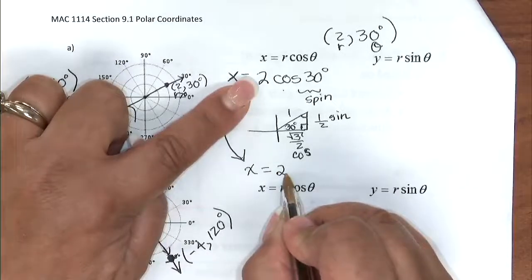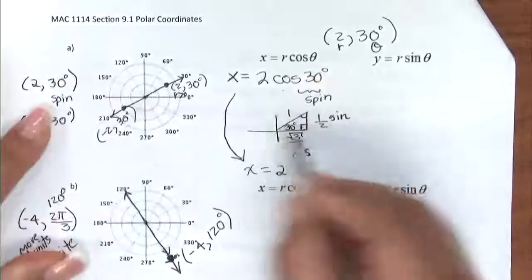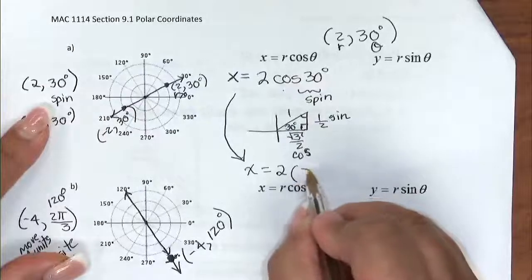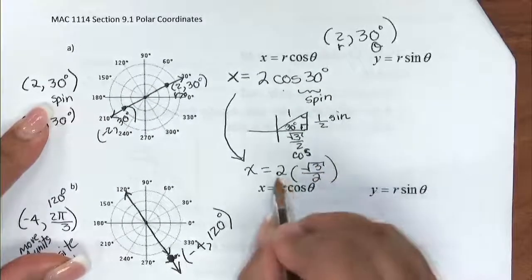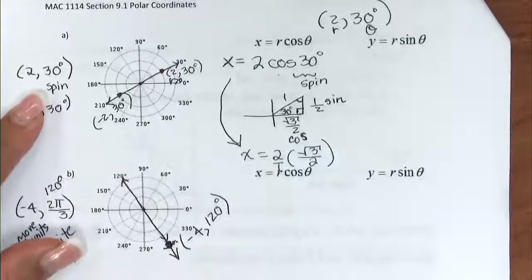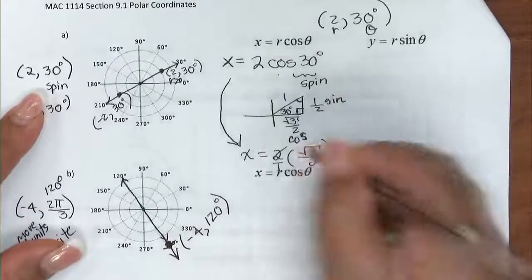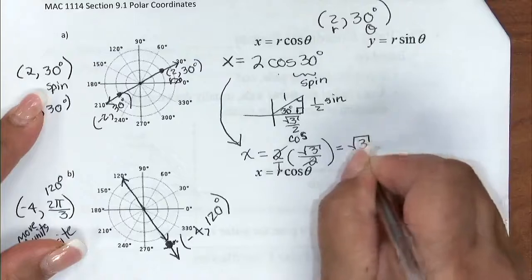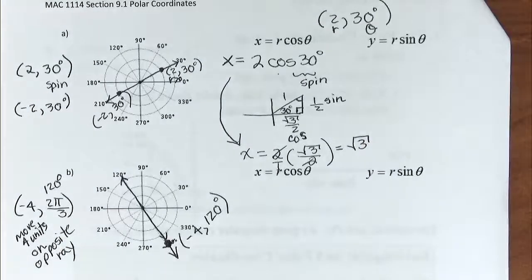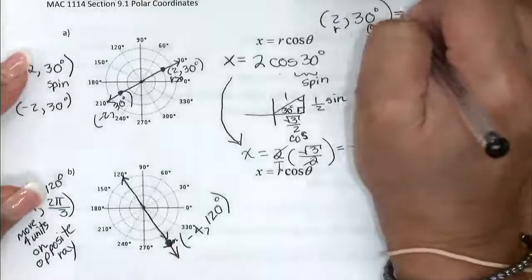Using my picture, the cosine of 30 is this horizontal leg, square root of 3 over 2. 2 is the same thing as 2 over 1, just so you realize that those 2's cancel. See, you no longer have any theta-type number, because now you're in the XY system where there are no angles. So that's half your answer right there. You're going to list your point as an XY point.